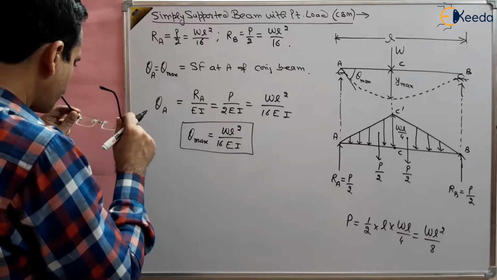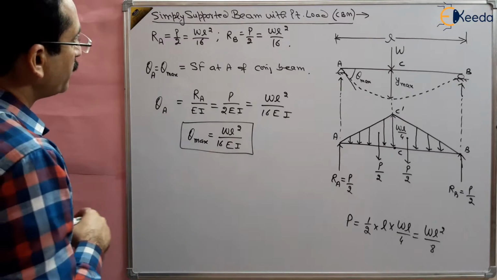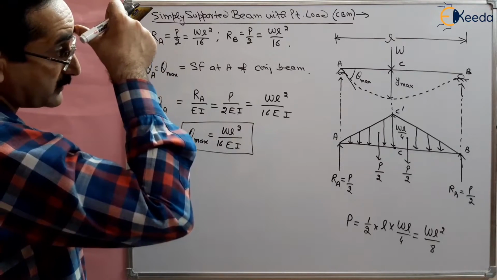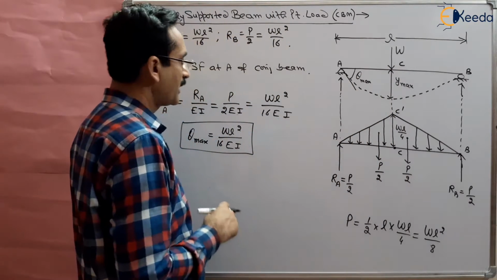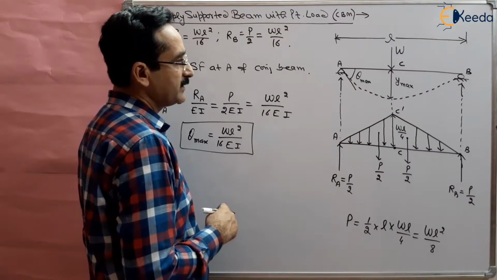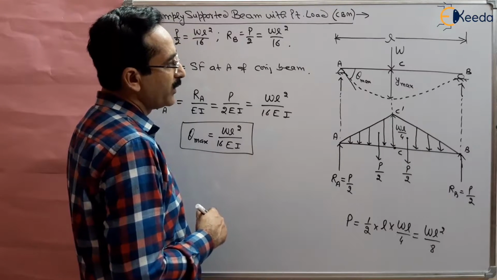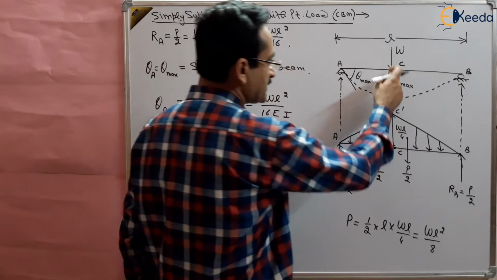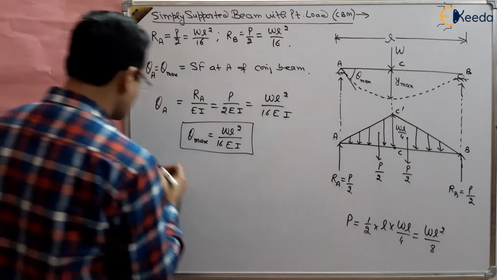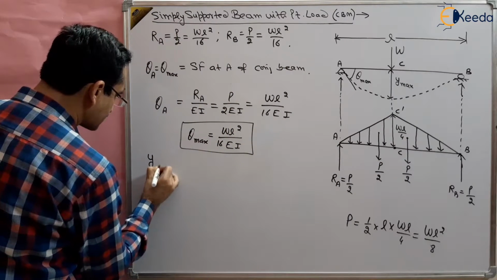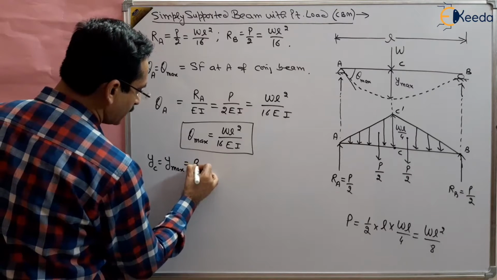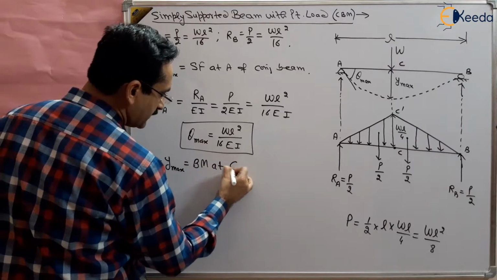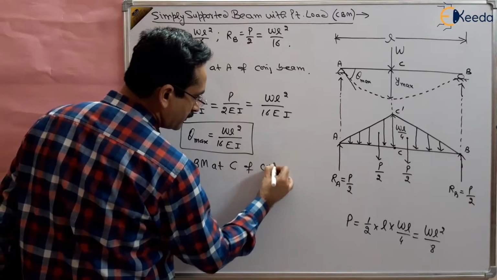Now we want to find out Y max. Y max occurs at point C. And what is YC? This is the moment at point C, MC. So YC, which is Y max, is the bending moment at C of the conjugate beam.